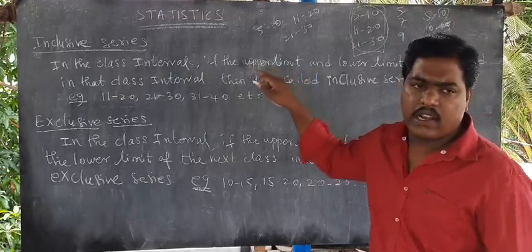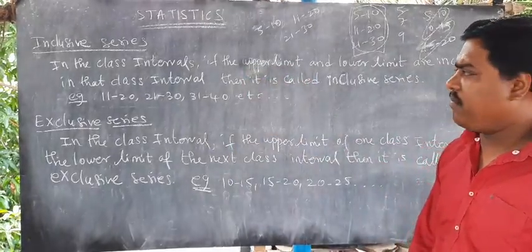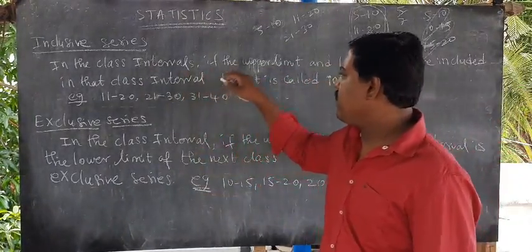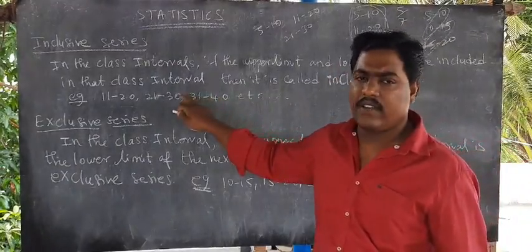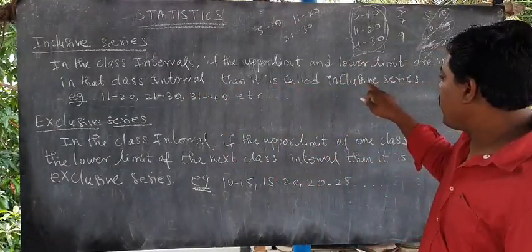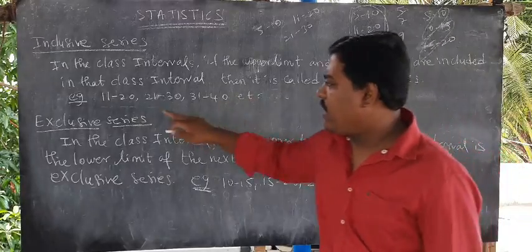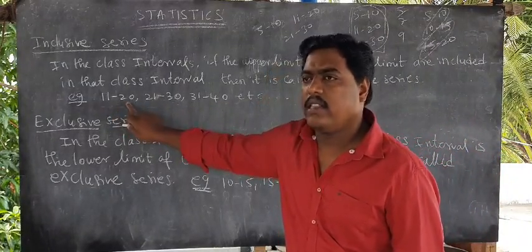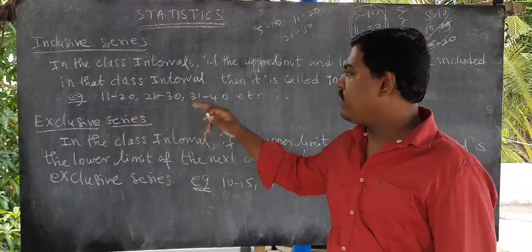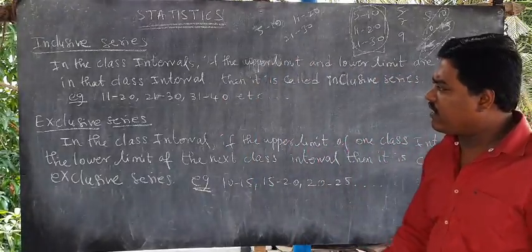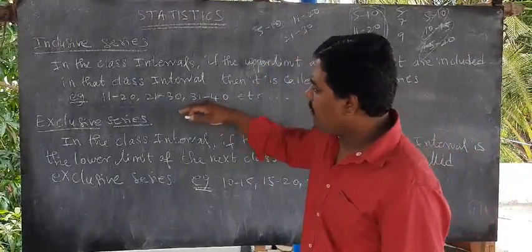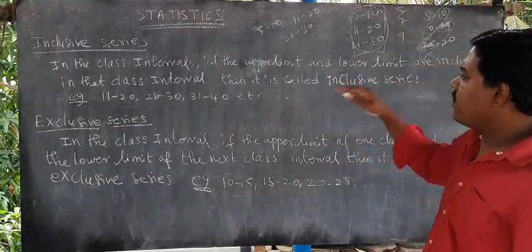Here, inclusive series means that in the class interval, the upper limit and lower limit are both included in the class interval. For example, 11 to 20, then 21 to 30, then 31 to 40. Like this we have written the class interval, and that is called inclusive series.